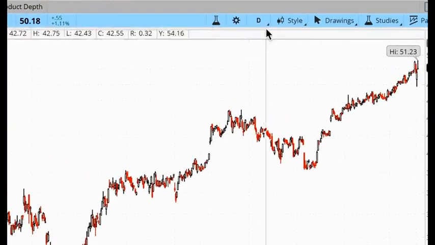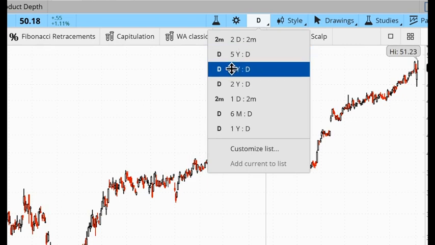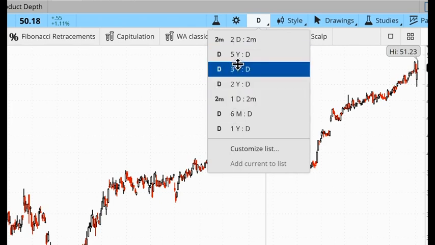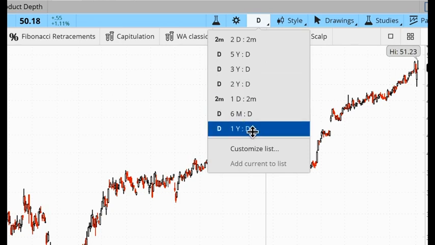As a swing trader, you want to use daily candles, which means each candle represents a day. I could look at the last 5 years, the last 3 years, the last 2 years, and so forth. Usually as a swing trader, I'll take a look at the last 1 year, and I can then zoom down to 6 months and 3 months.